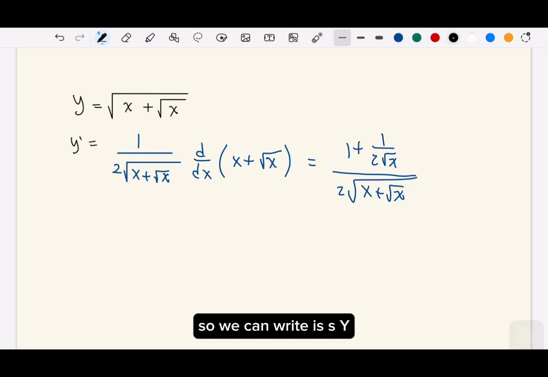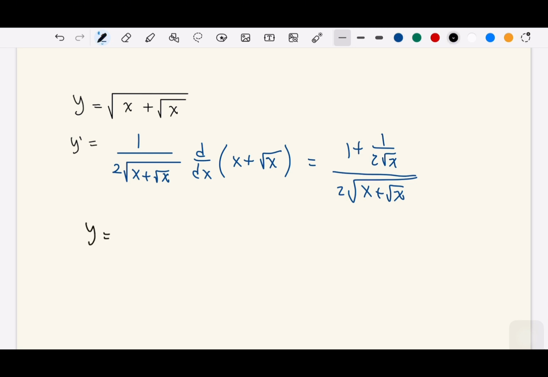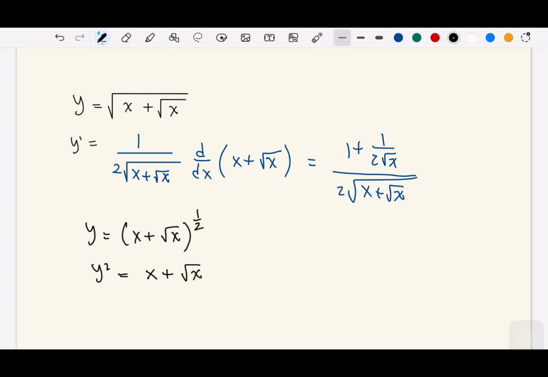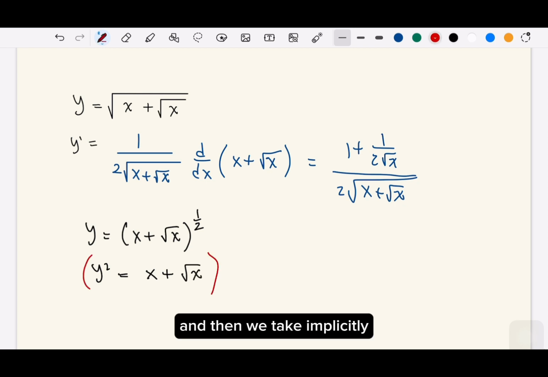So we can write this as y, and we can write y squared, and then we take implicitly.